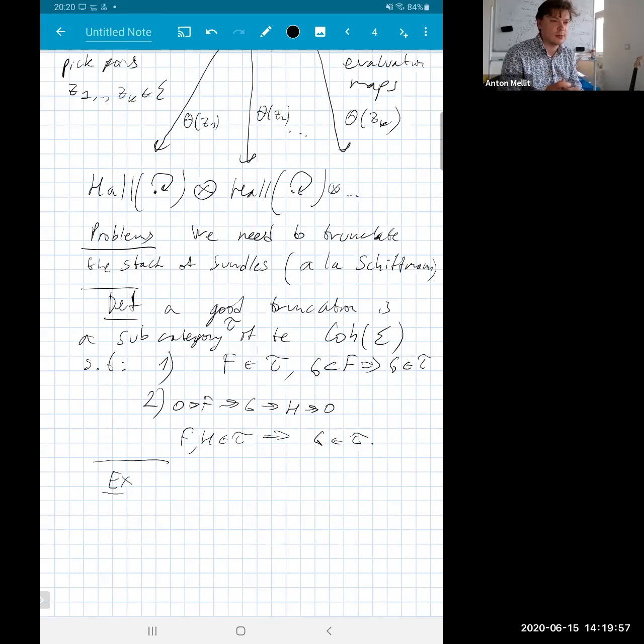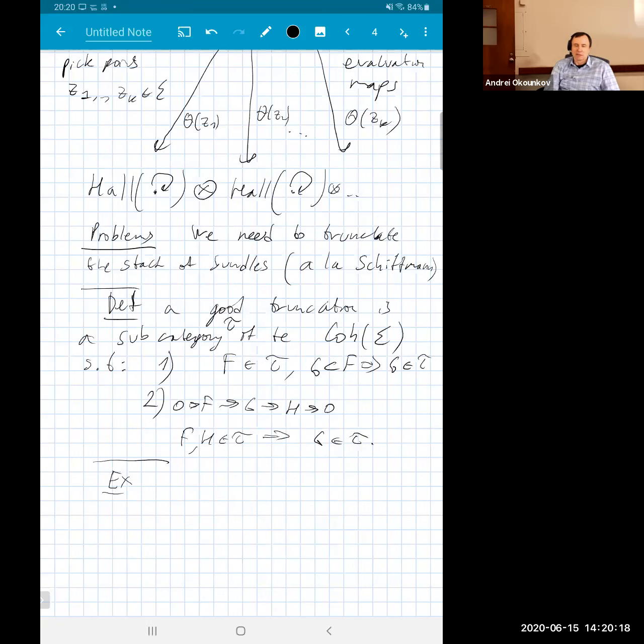But do you want this to be a map of sheaves or a map of bundles? Like O of -1 inside of O is not a subbundle. It's a subsheaf. Yeah, I want subsheaves.